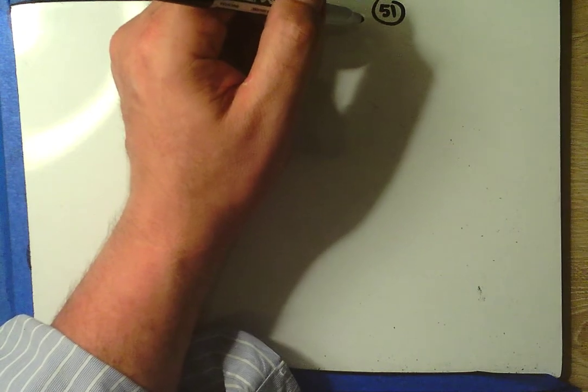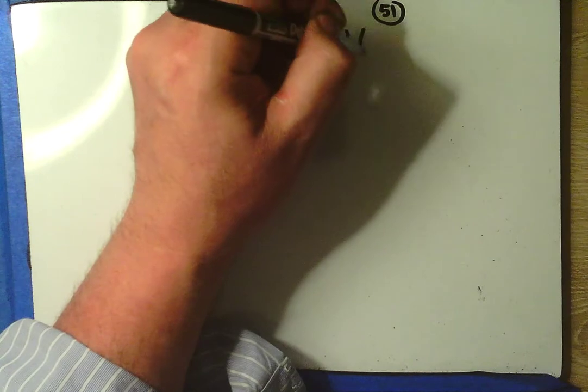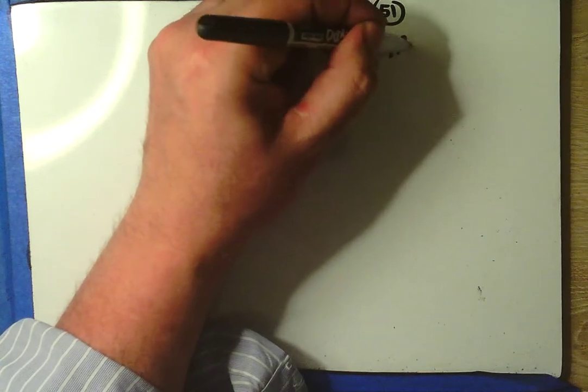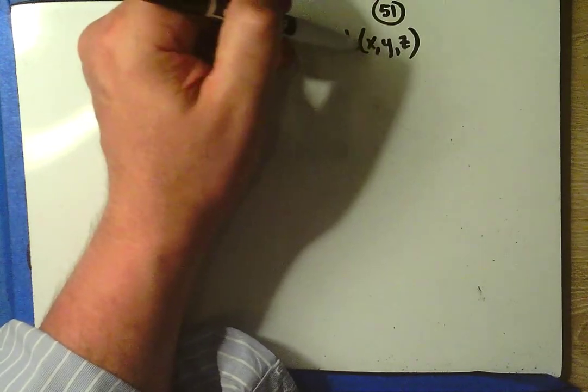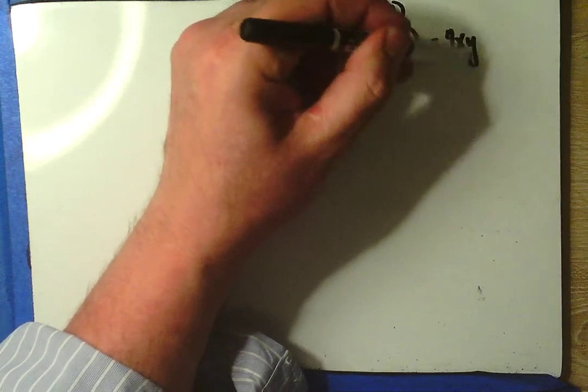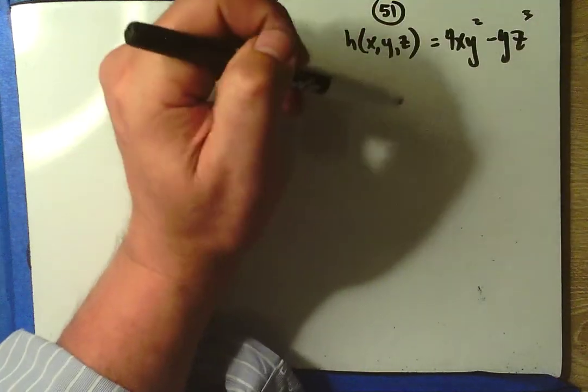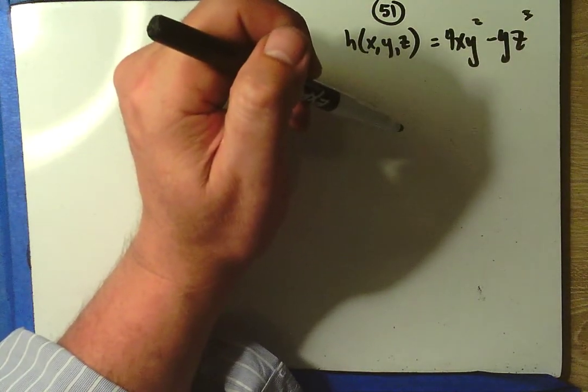Okay, 51 says h of x, y, z. So this is not a function because h is defined in terms of 3 variables in this most interesting way, minus y z to the third. So that's what h is.